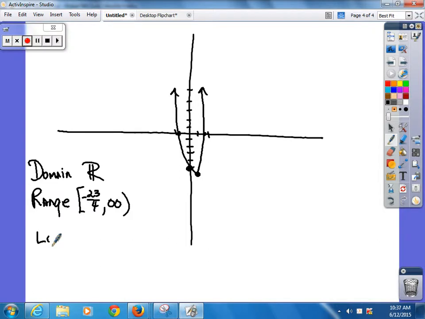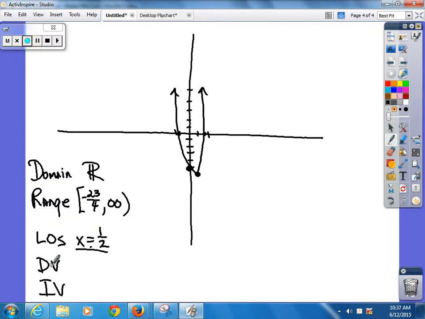Line of symmetry. X is equal to, what did you say, 1/2? What did y'all say the vertex was? Yes. 1/2. And you know that your decreasing values and your increasing values are going to be in terms of what? 1/2.